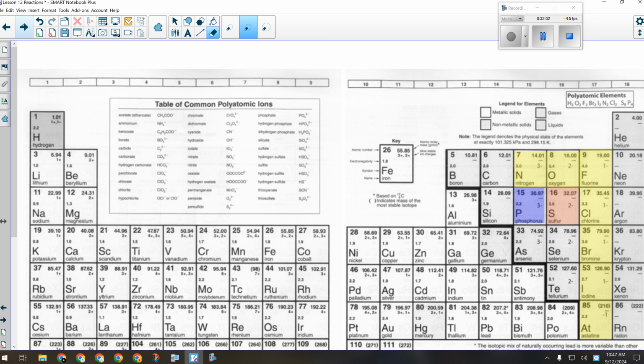Your molecular elements, here they are. All the ones highlighted in yellow are going to be 2s when they are by themselves. They could be any number in a compound, but when they're by themselves, they're a 2. That includes, even though it's not colored that way, hydrogen. Hydrogen is also a 2.